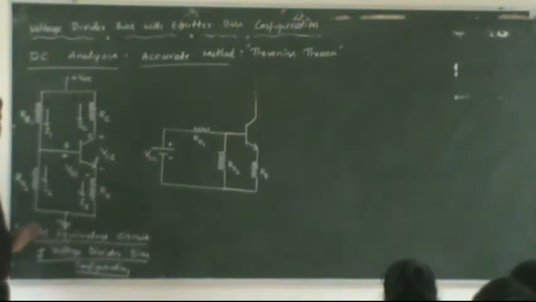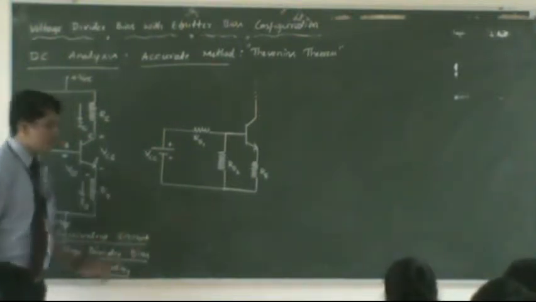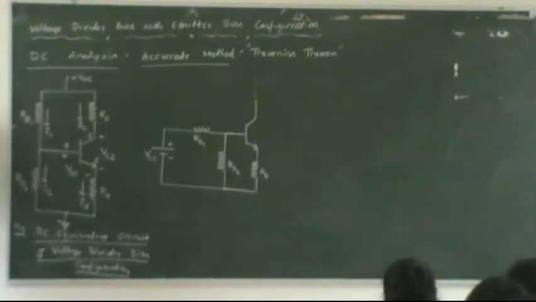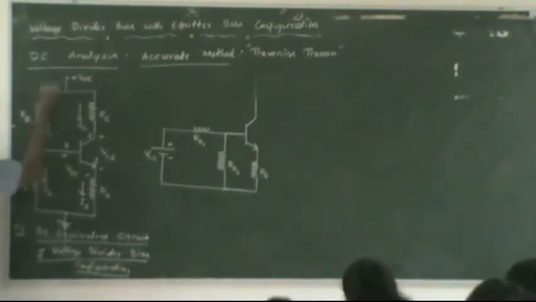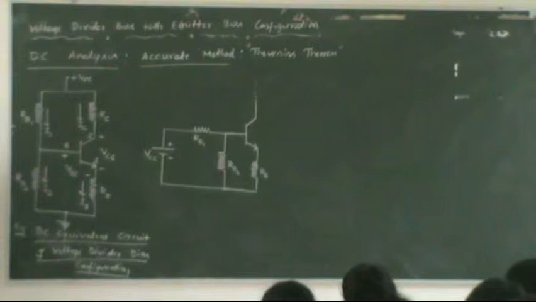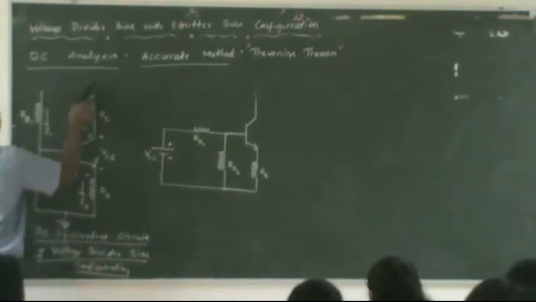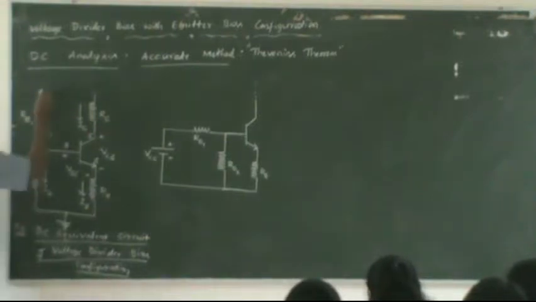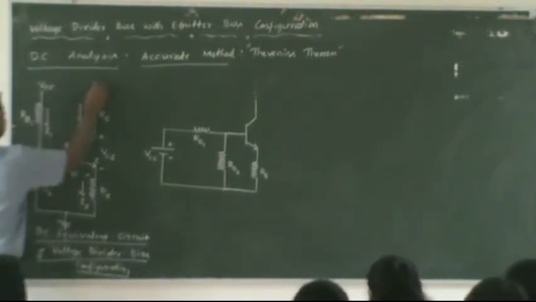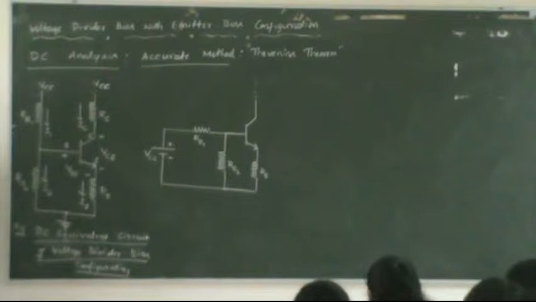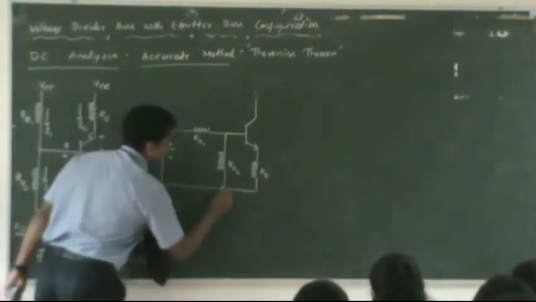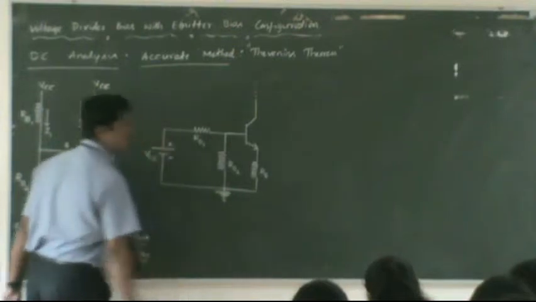You understand how I got this circuit? Only this portion, I just separated the power supply, that's all. You see that one VCC may come here, another VCC is here, and there is also the common ground.